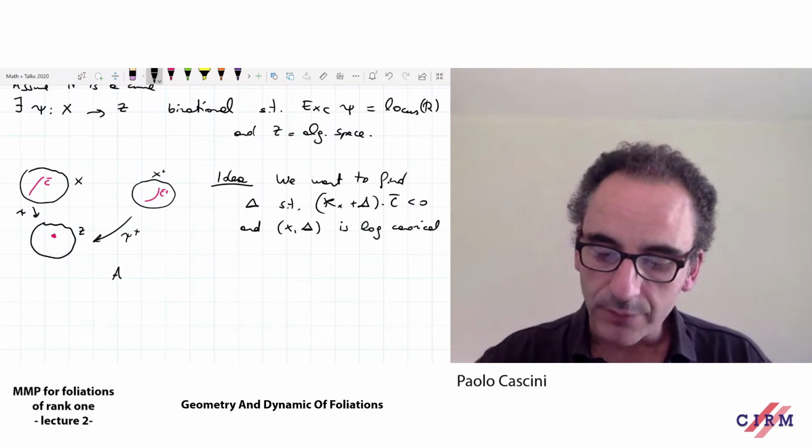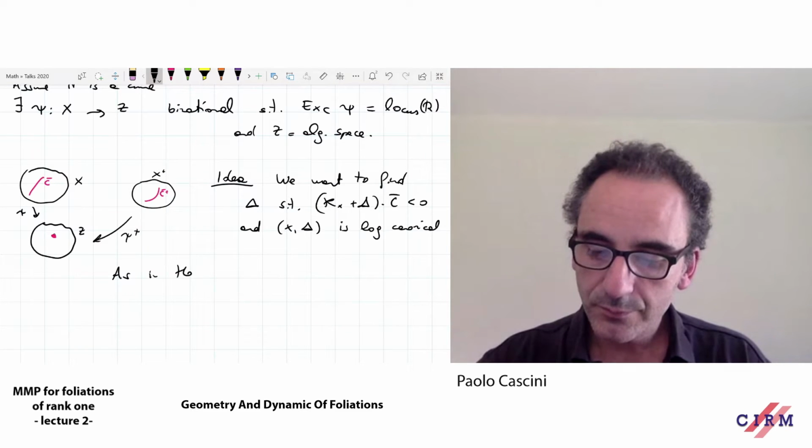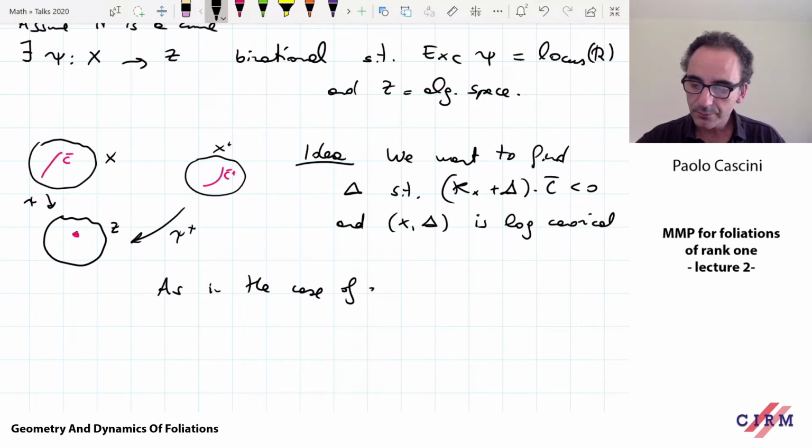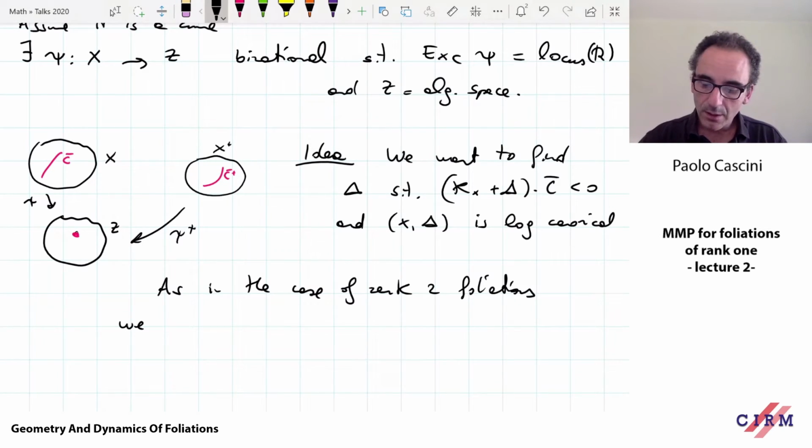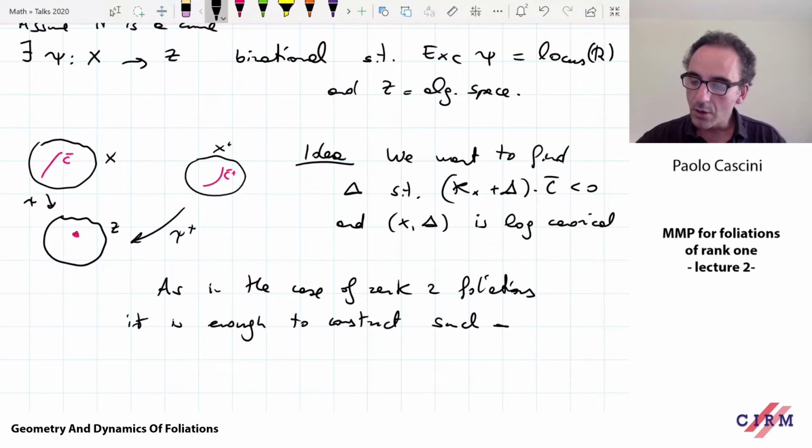So, as in the case of rank 2, it's enough to construct such a divisor delta on a formal neighborhood of C bar.